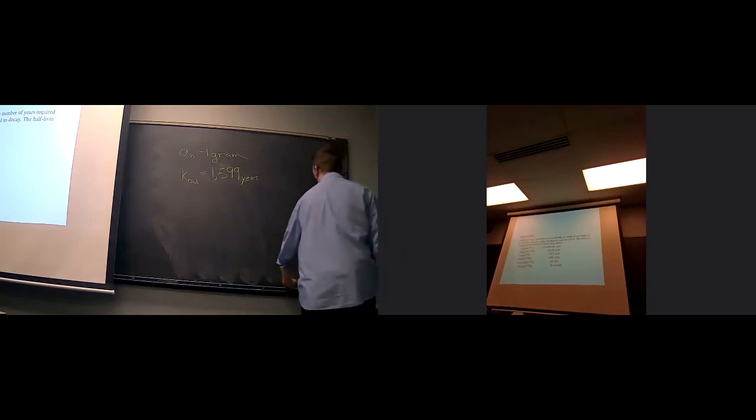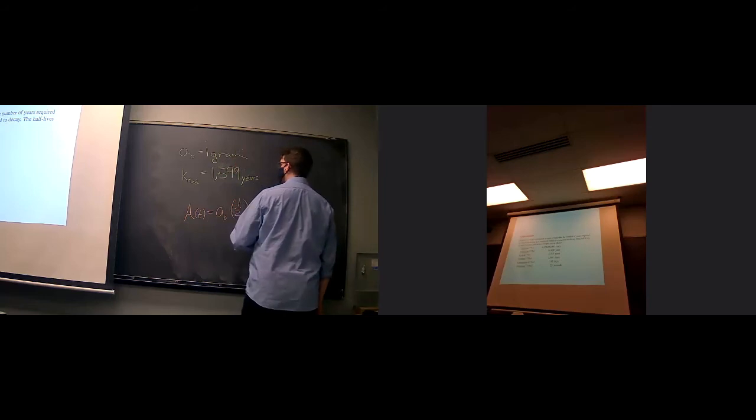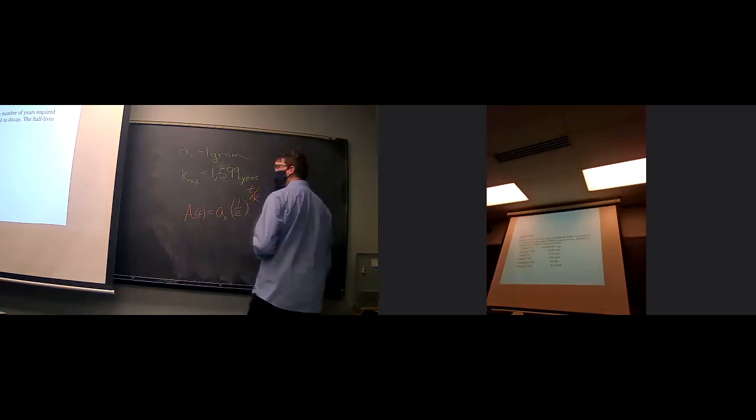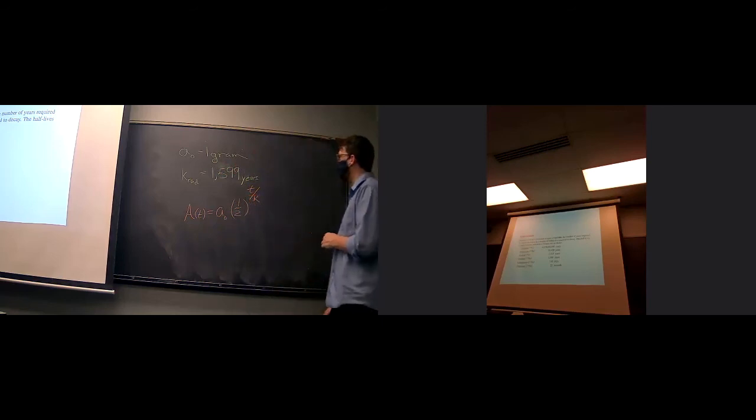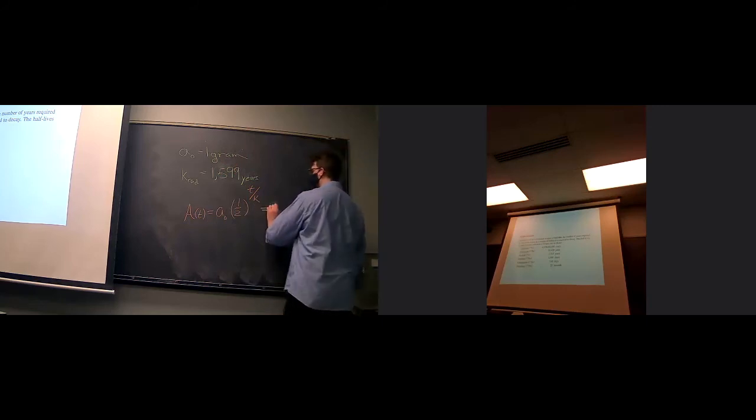Now, using what I was explaining earlier, putting all this together, we're going to have A(t), the amount with respect to time, is equal to A naught times 1/2 raised to the t over k, right? Plugging everything in: 1 times 1/2 raised to the t over 1,599 years.